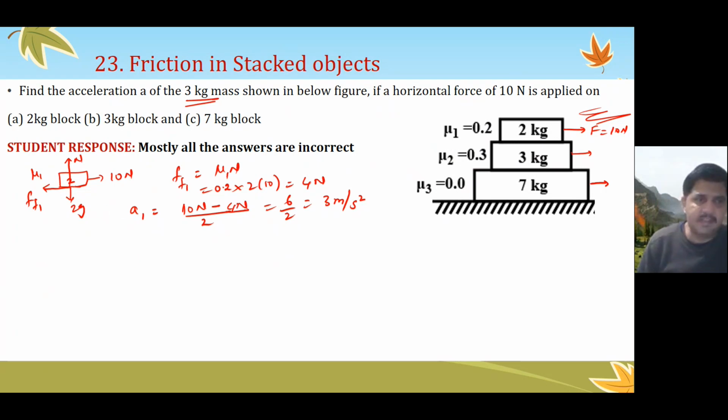This much, everyone does correctly. But when it comes to this, here lies the problem. Now, the first one is done. Now you see 10 Newton force is applied here, of which 4 Newton is already taken over by the frictional force, which means 6 Newton has been consumed by this object.